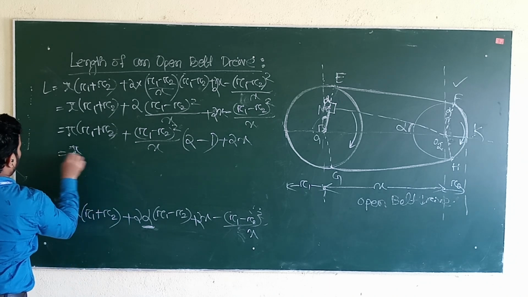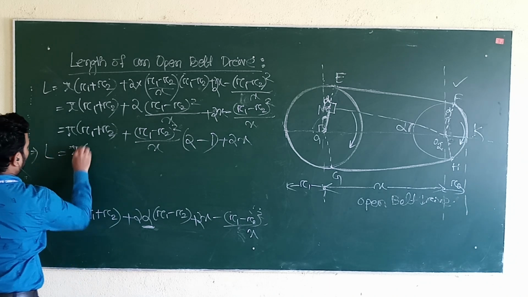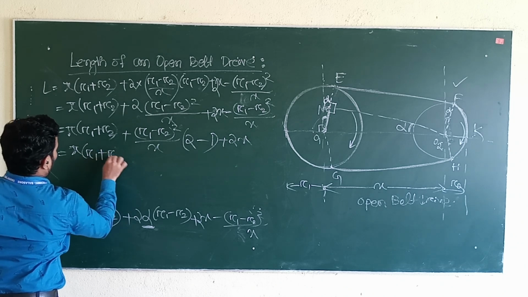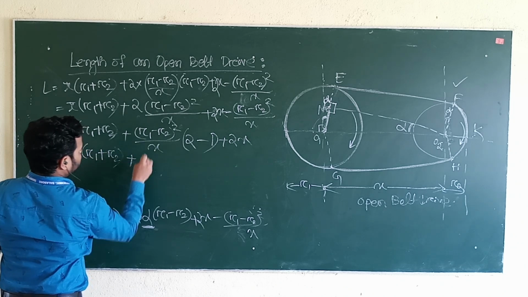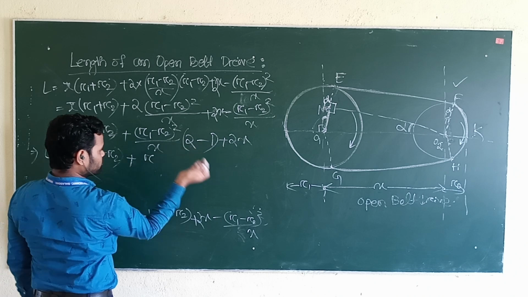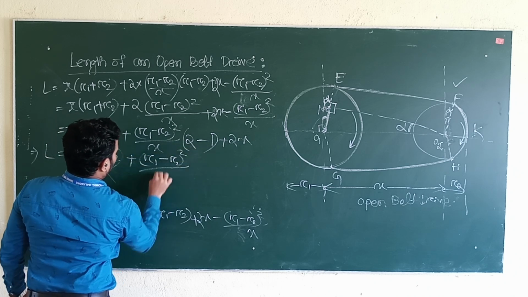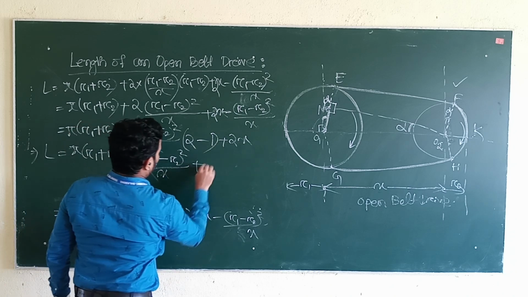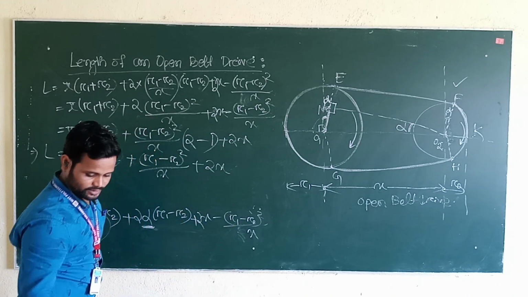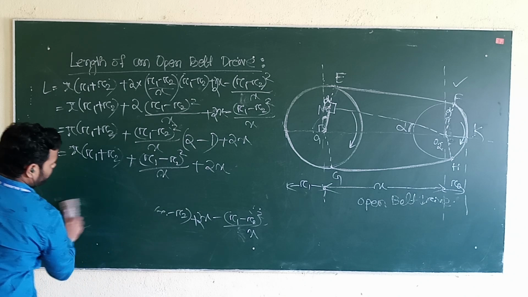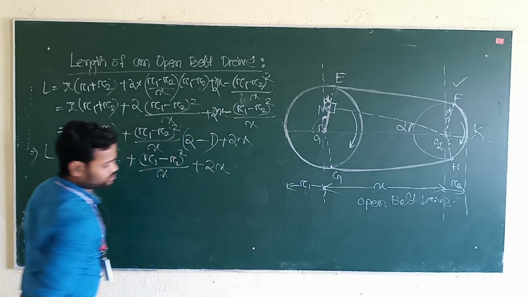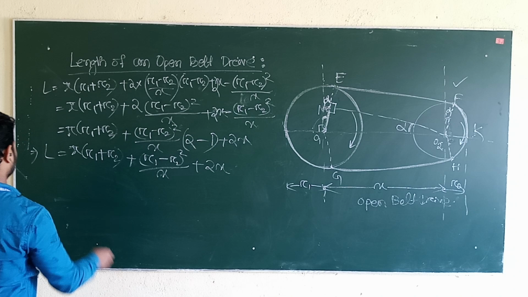So what will happen? L equal to pi R1 plus R2 plus here 2 minus 1 is 1. So R1 minus R2 square by x plus 2x. This is the value of length of an open belt drive in terms of pulley radius.